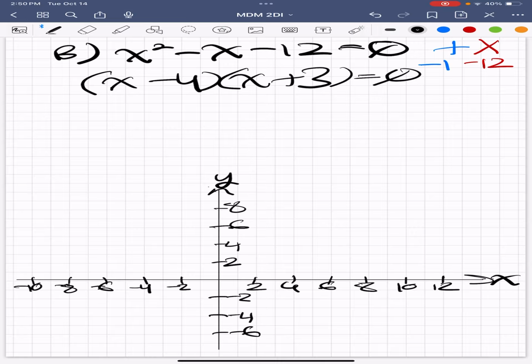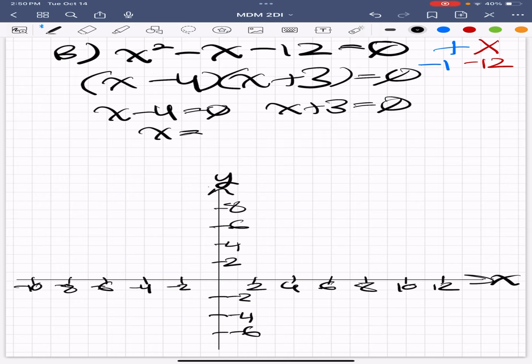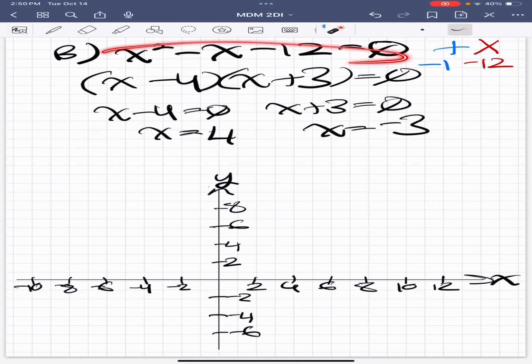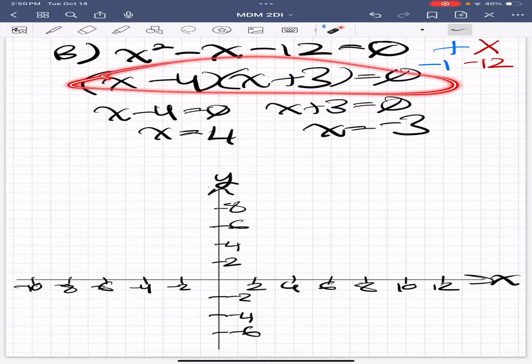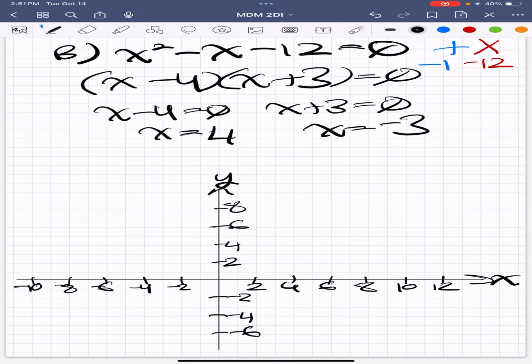And then we have x minus 4, so we set them equal to 0. And then we solve for x. X equals 4, and then x equals negative 3. So we had our quadratic equation. We factored our quadratic equation, or our trinomial.